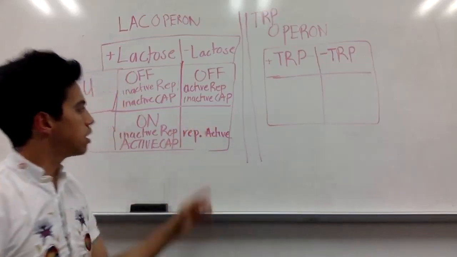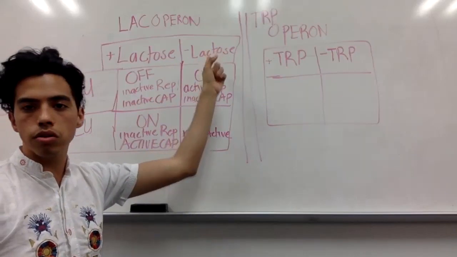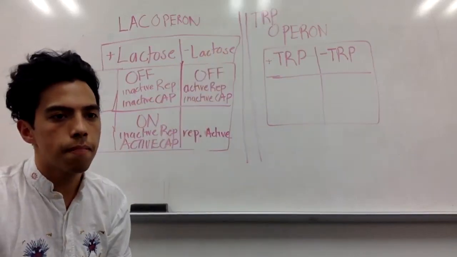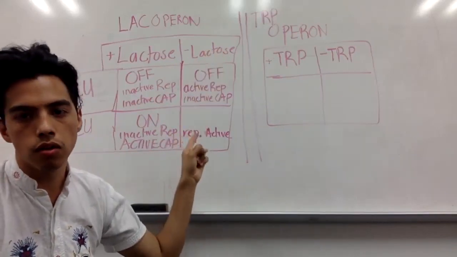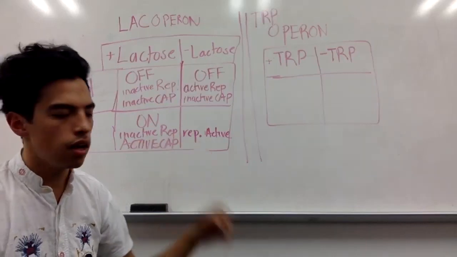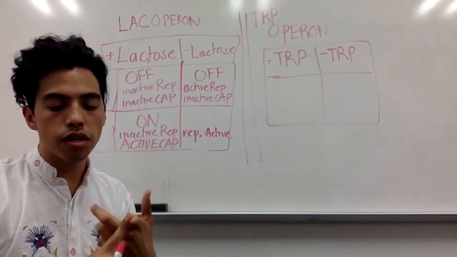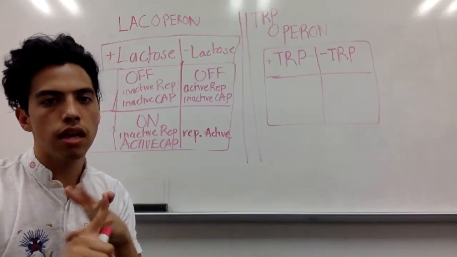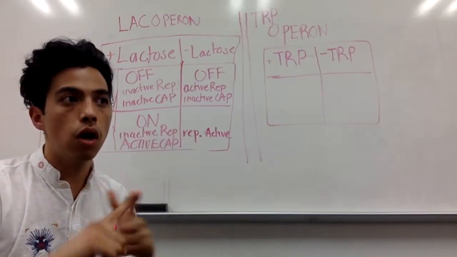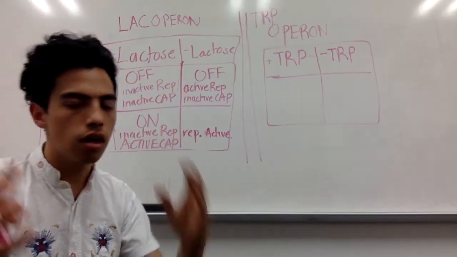The important part is that when you don't have glucose nor lactose, the repressor's active. Try to avoid saying that the repressor's on or off, because that might confuse you when you're thinking about whether the operon is on or off.